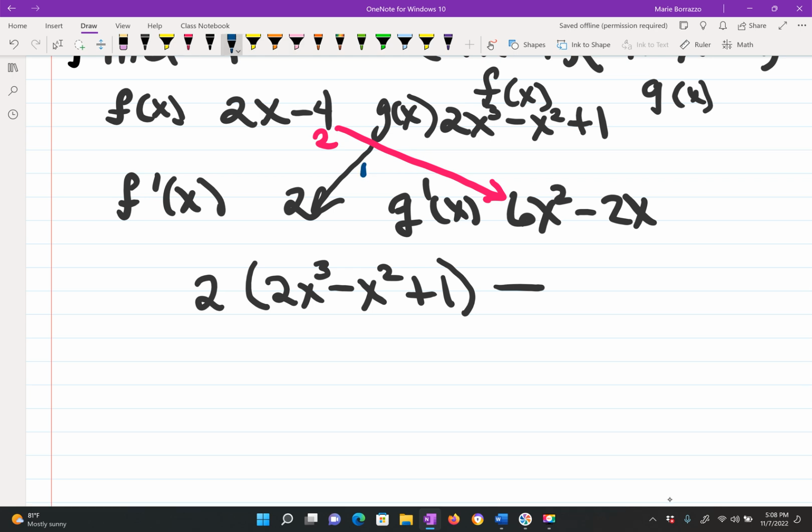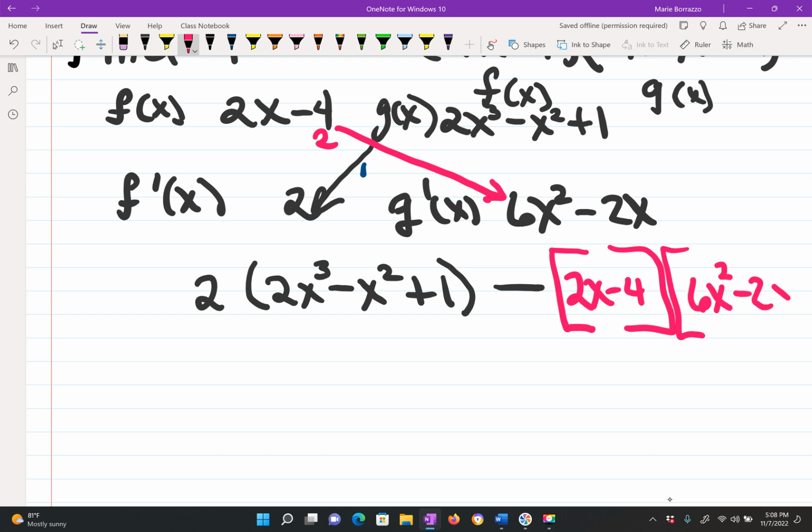The reason why I say that is order matters, because it's subtraction. So that's why I'm making a big fuss about it. So this times this, I think I'm just going to write it out. So I'm going to do bracket 2x minus 4 times 6x squared minus 2x.